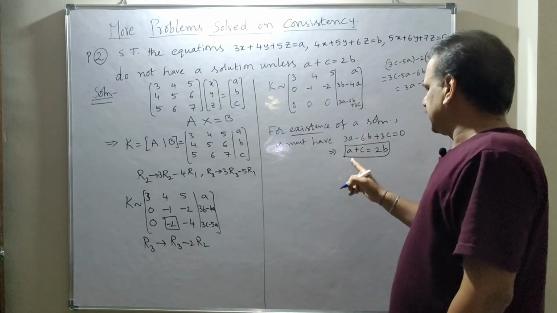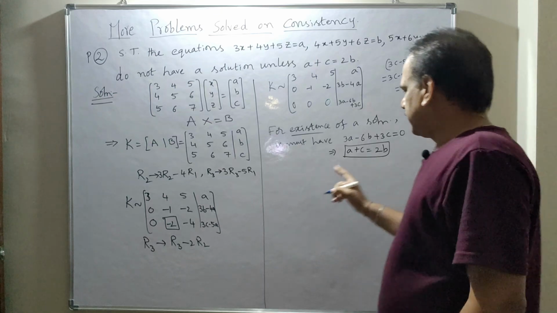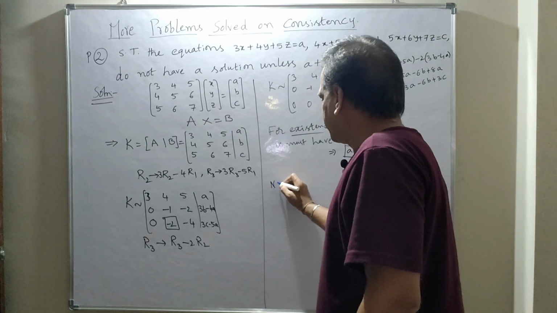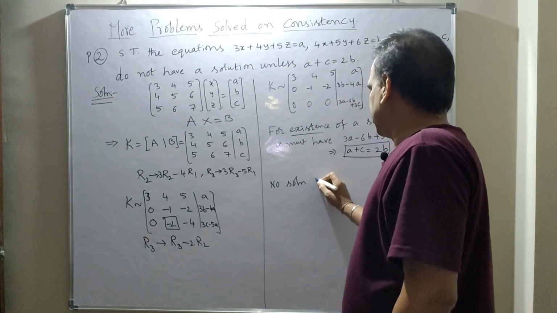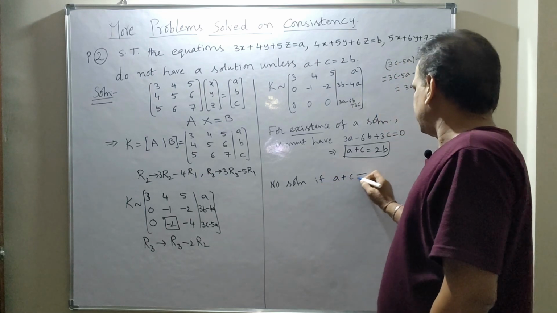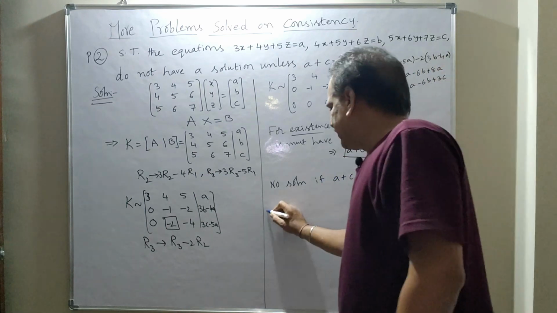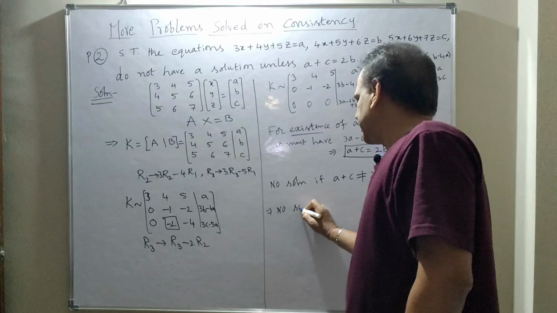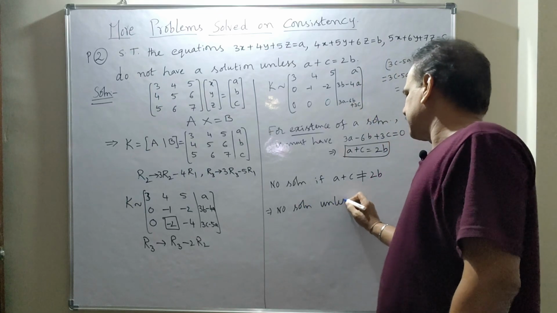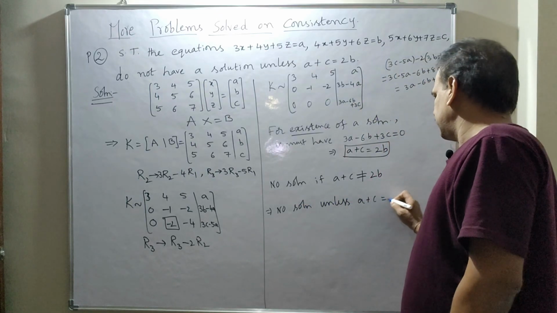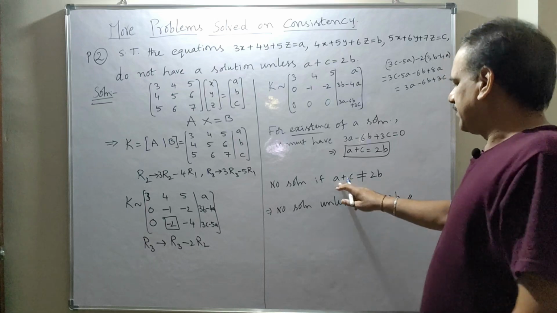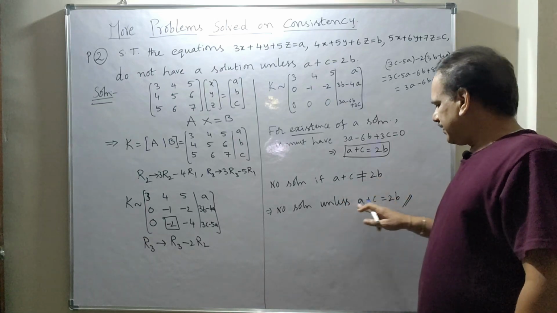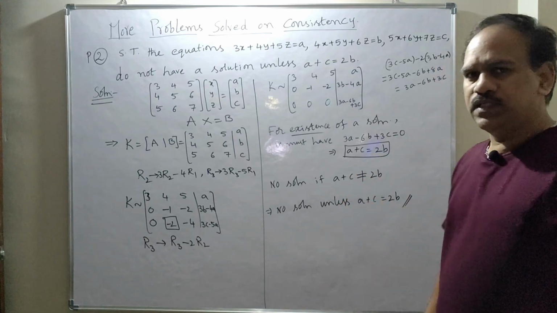So, a solution exists if A plus C equal to 2B, and no solution if A plus C is not equal to 2B. This is the same as no solution unless A plus C equal to 2B. Both are similar statements.